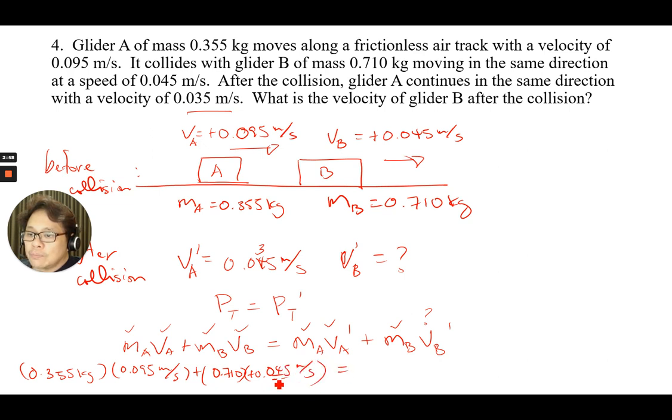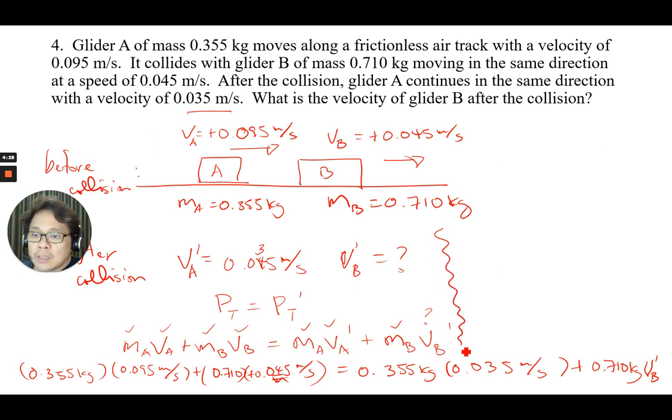This is equal to MA, still the same, the mass did not change, 0.355 kilograms. VA prime is 0.035 in the same direction plus MB. MB is 0.710 kilograms times the unknown, VB prime. So this is what we are looking for, VB prime. Okay? So, calculating and doing formula transformation.